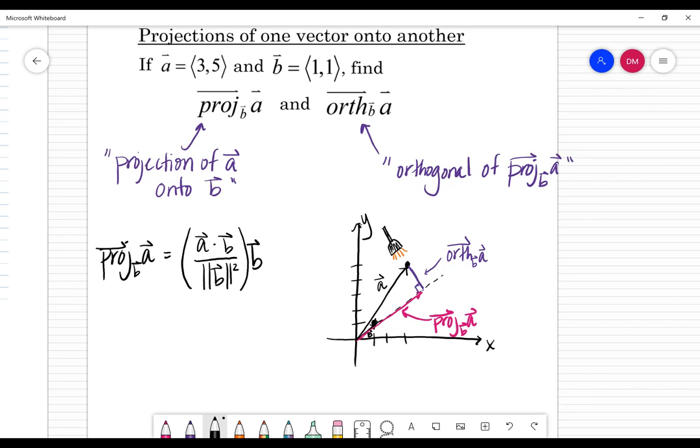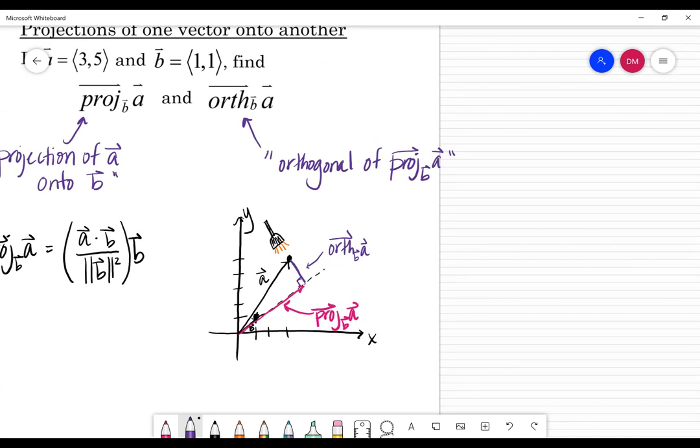So the interesting thing here, what I'll point out off to the side, is we have this magnitude of B squared. So I'd have to find the magnitude of B and then I have to square it. The interesting thing about this is it's actually the same thing as taking the dot product of B dot B. Okay, so let's test it out.